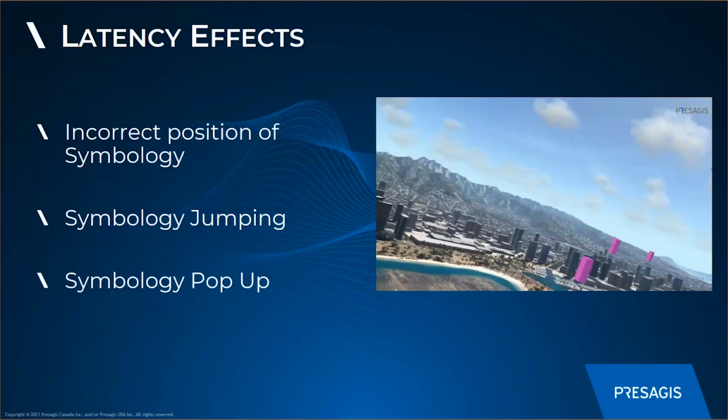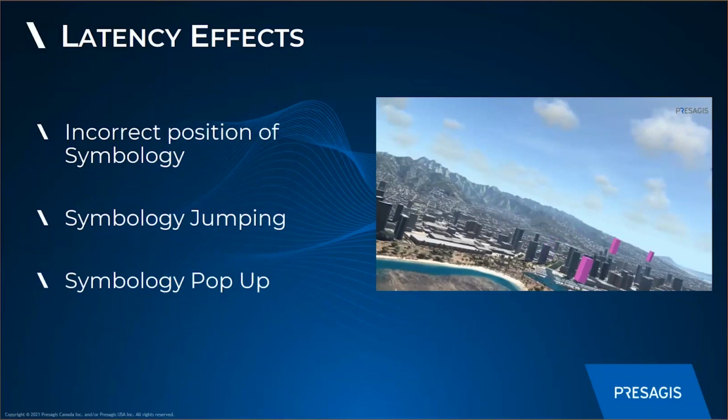So it's now resynced into the correct location, jumped back and resynced. If you see this situation going on, what you'll find is your symbols jumping. As you're moving around a scene, your symbology is jumping around. It's not keeping up with what's going on around you, causing a distraction and misinformation.